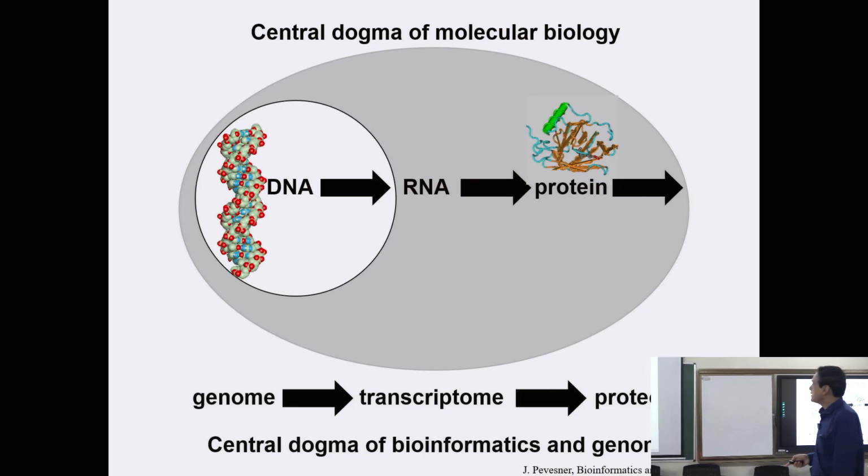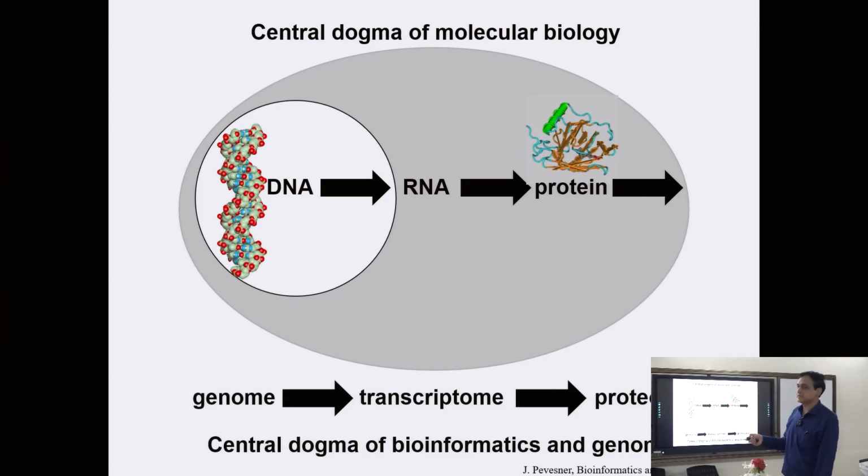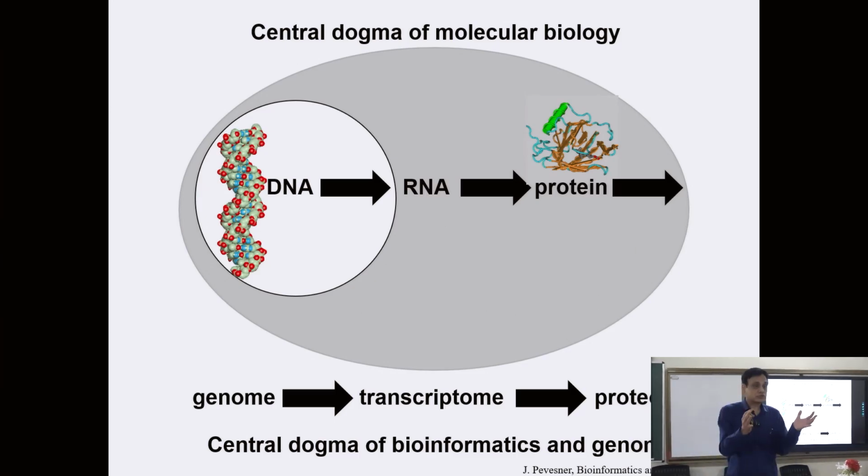Okay? So what is a genome? So all DNA within the nucleus of a cell, all DNA together, that is genome. All those that are produced due to transcription are called transcripts.